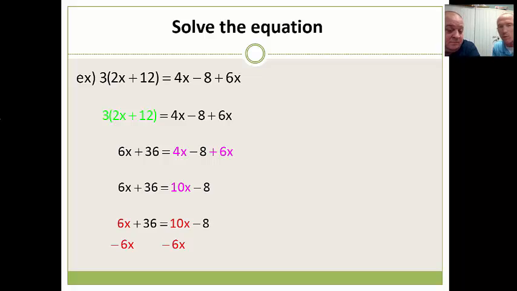Think of War, if you ever played that card game War. That way, you don't have to worry about negative signs. 10 minus 6 gives you a positive. You could move 10 over, but then you'd have negative 4 instead of positive 4, which again does not matter. You will get the same answer as long as you don't miss any of the other arithmetic in there. So now it's a two-step equation.